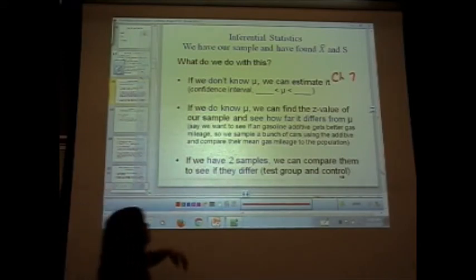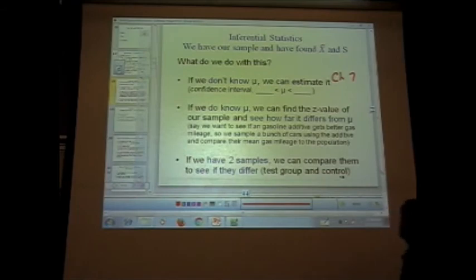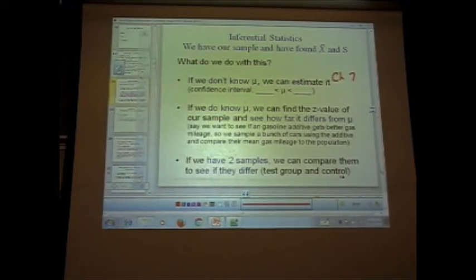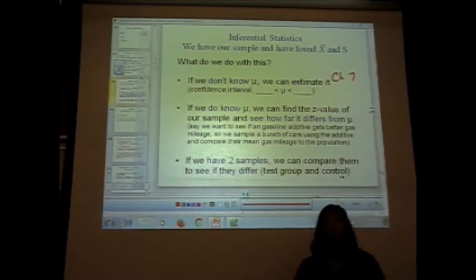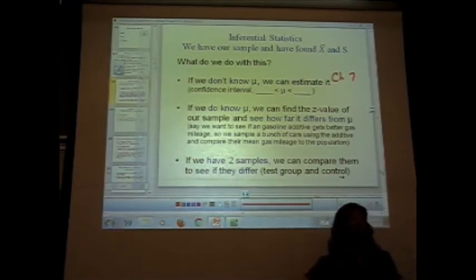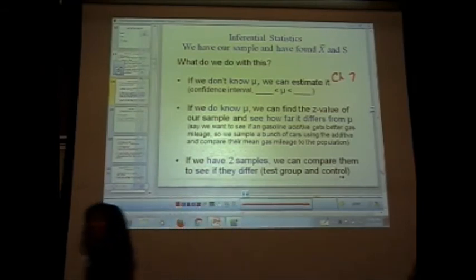Say we want to see if the gasoline additive gives better gas mileage, so we sample a bunch of cars using the additive and compare their mean gas mileage to the population. Great. So we want to see if our group is different than somebody else's group. If our gasoline additive works, we sample a group of people in cars with our gasoline additive, compare it to regular cars to see if our population differs from the regular population. That's chapter 8. That's what we've been doing.